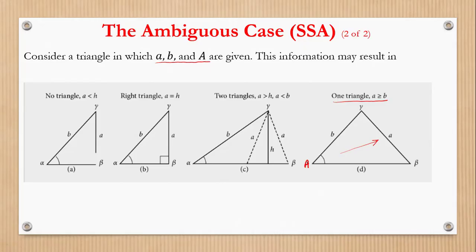But if side A, which is the opposite of the given angle A, is less than side B, but is still greater than the height of the triangle.